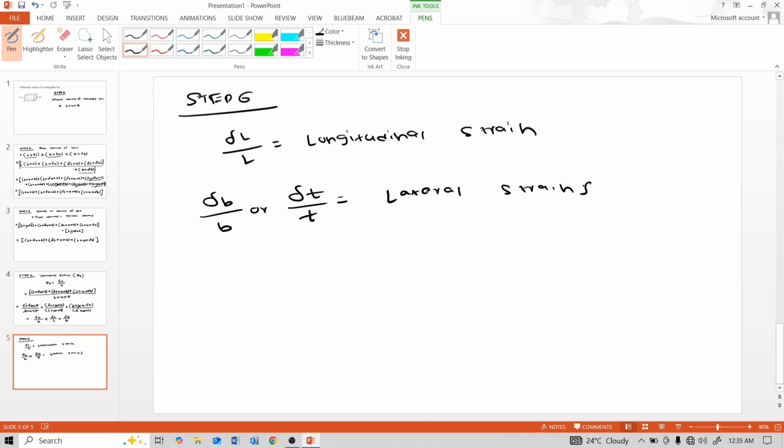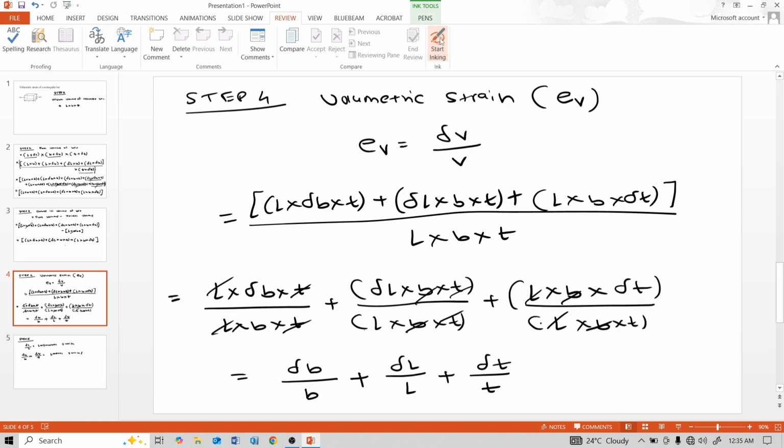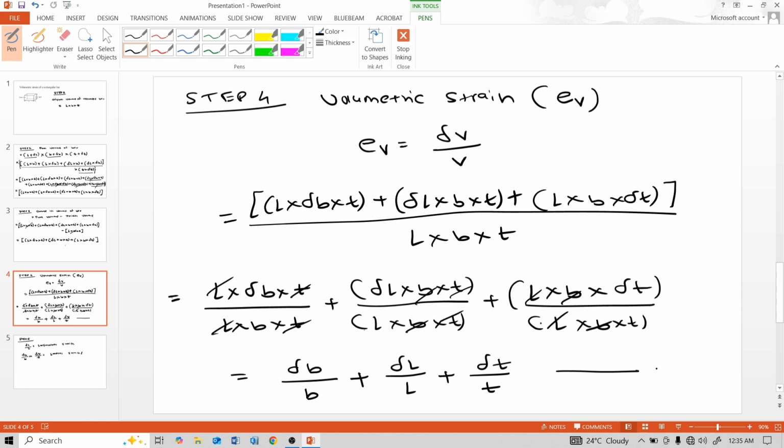Now in step 6, we calculate lateral strain. This is equation number 1, volumetric strain e_V equation.